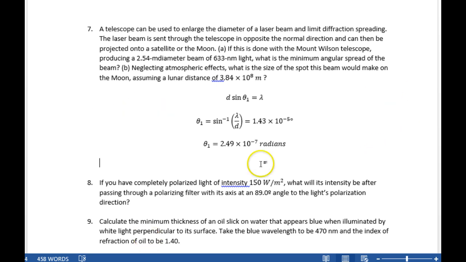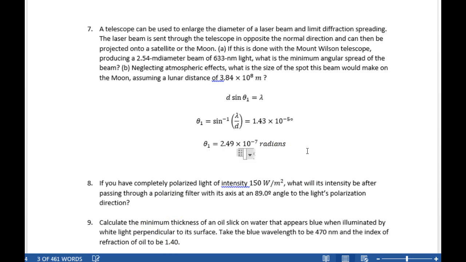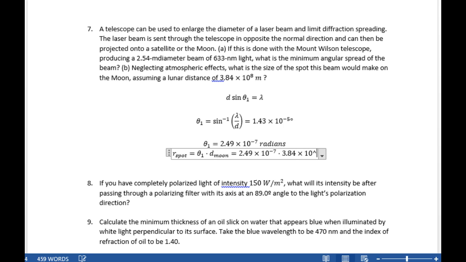So the radius of the spot is theta 1 times the distance to the moon: 2.49 times 10 to the minus 7 radians times 3.84 times 10 to the 8th meters.